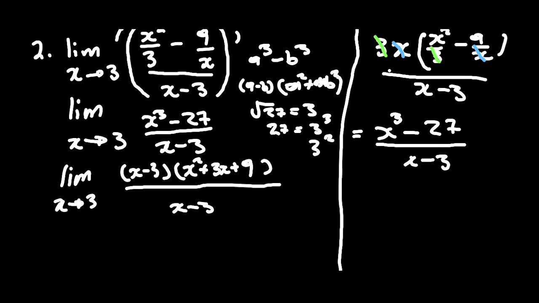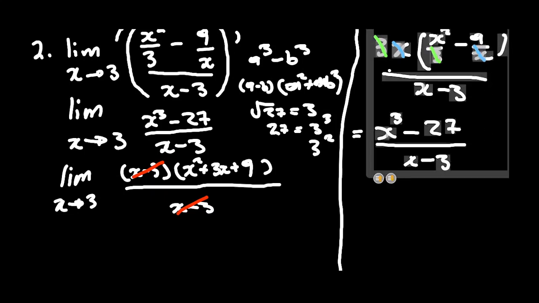If you say now this 3x will cancel out with this negative 3x, this x minus 3 will cancel out this x minus 3 here, and I will have a limit which will be looking like, let me clear this space here, I've run out of space.